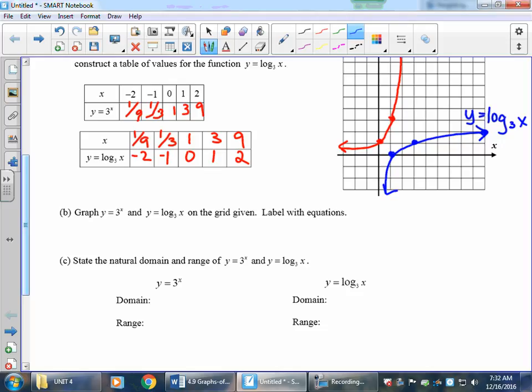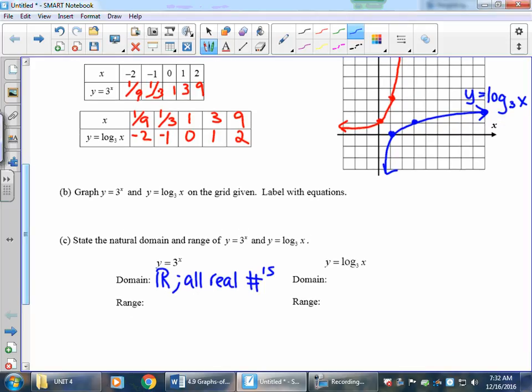Remember we talked about this, you can either do a bold R or you can write all real numbers. And if you look at the range this time, it's going to be positive. It's going to be above the x-axis. So the range here is going to be, let's see how we're going to write this, how about y such that y is greater than 0?